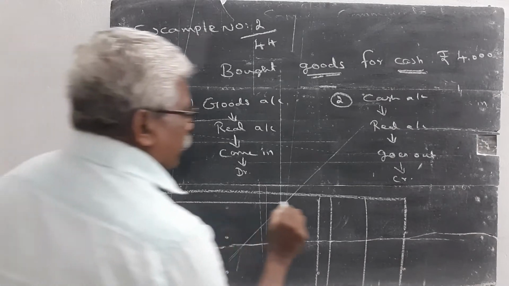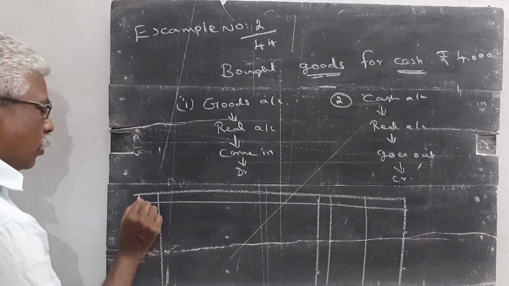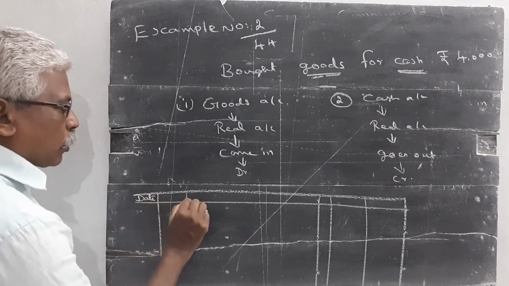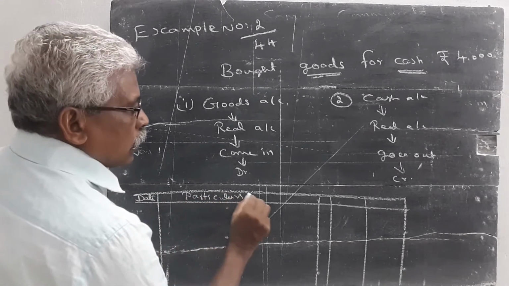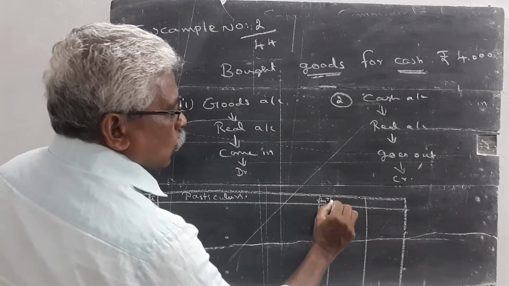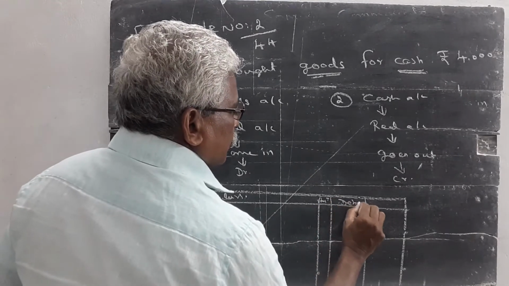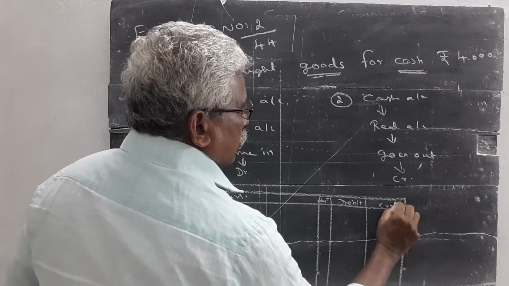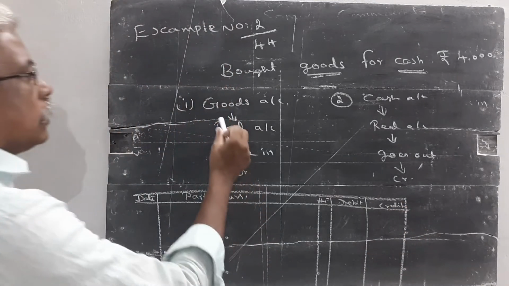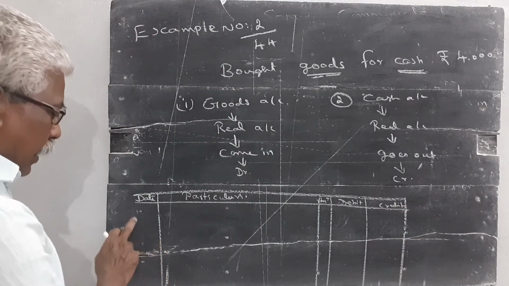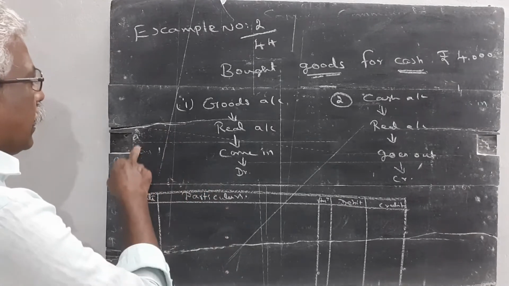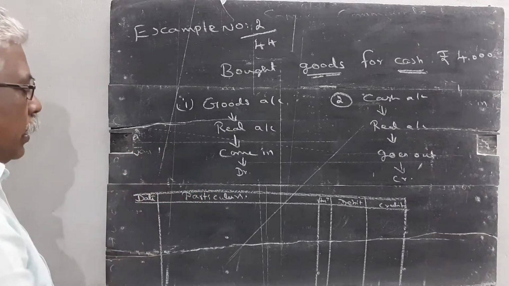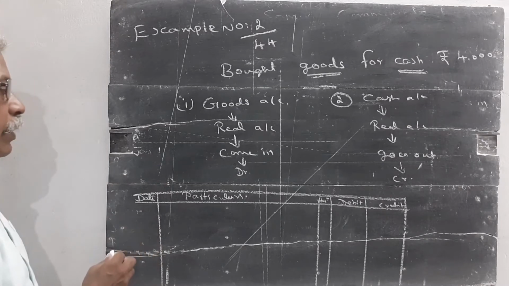This column is the date column, then particulars, ledger folio, debit and credit. For the journal entry, you write the date, but in this question the date is not given. In the previous question the date is given as 2020 January 1, but here it is not given.